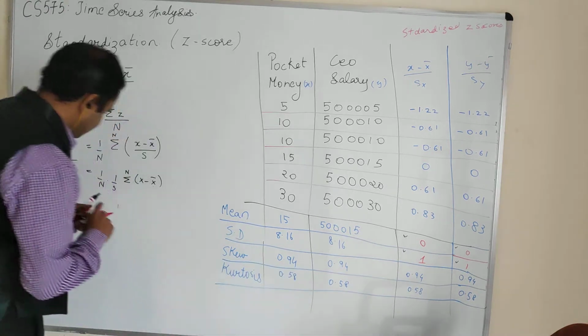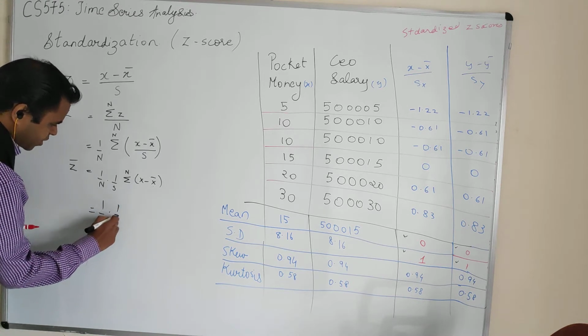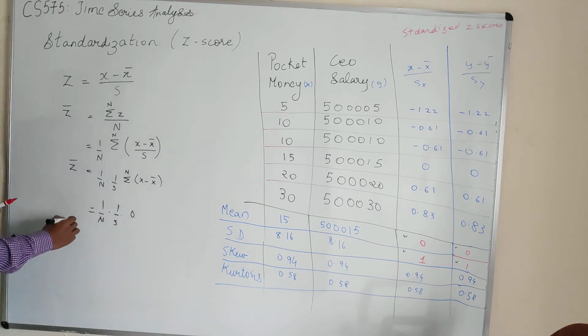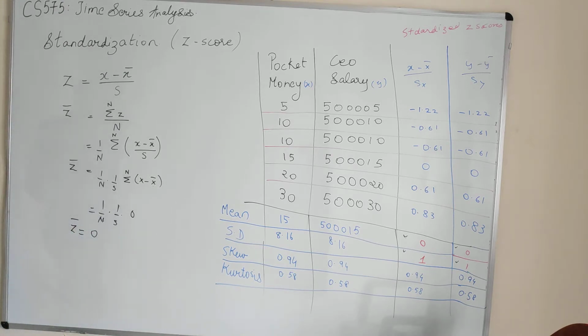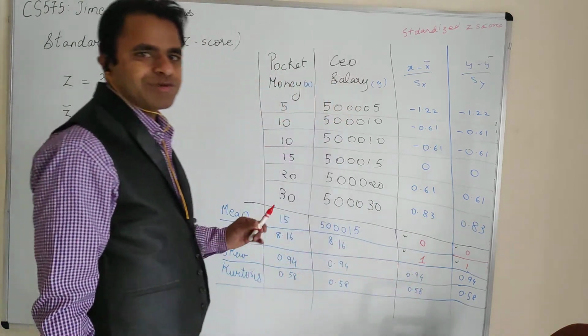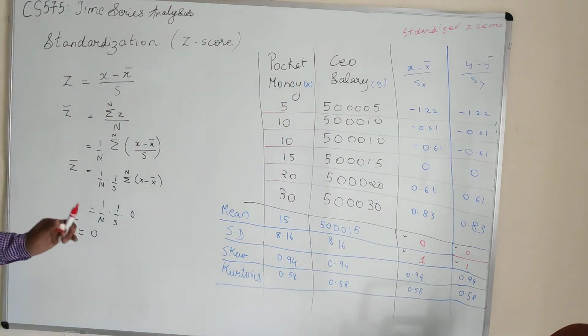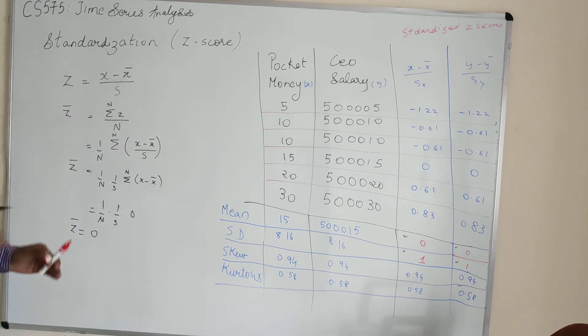So this expression turns out to be 0, so it will be 1 by n into 1 by s into 0. So z bar comes out to 0. As you can see here, the mean is always 0 when the scores are standardized. Basically, standardization removes the scaling factor.